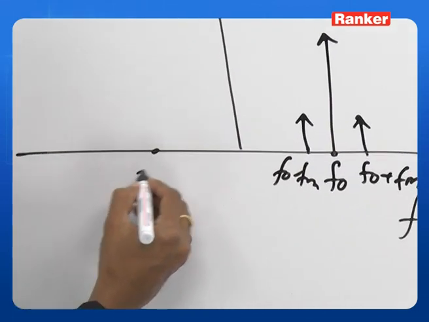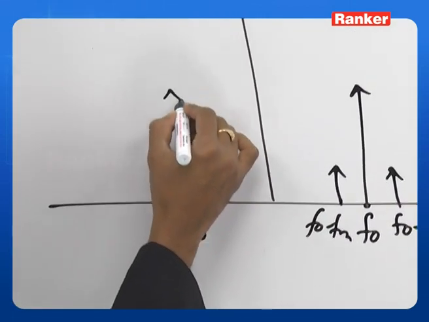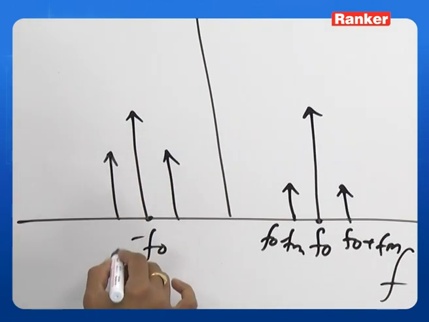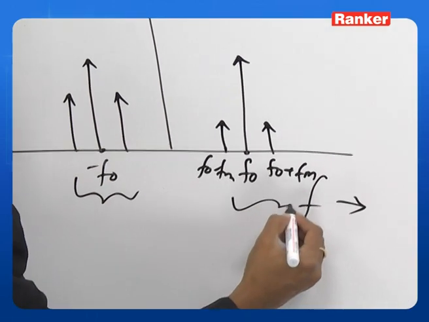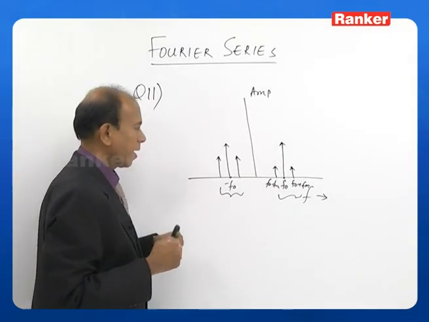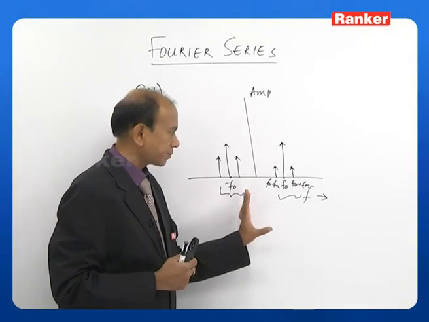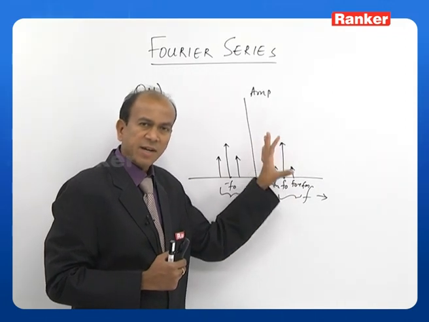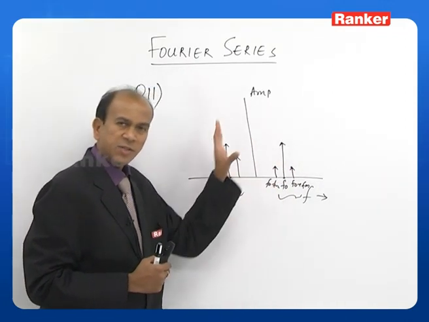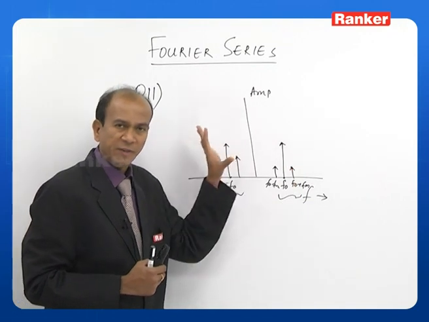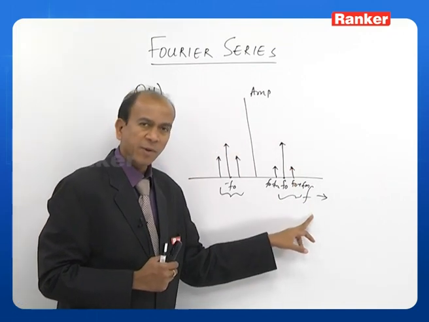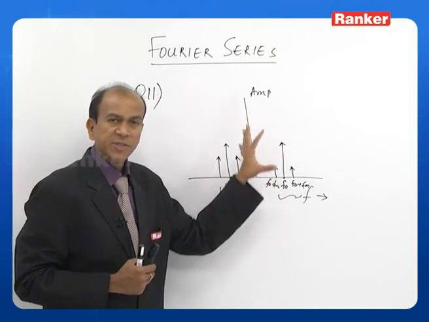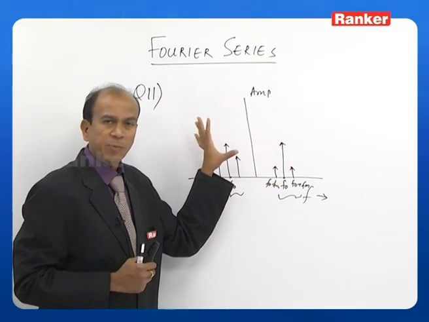Similarly, a signal at minus f0 also exists, and this is 1 and this is 1. So, these are all separated by a certain frequency. Okay, if you look at this, we are trying to see frequency components existing at certain frequencies. So, this type of graphical representation is a frequency domain, because we are taking the x-axis as frequency. So, this type of representation is called a spectrum.